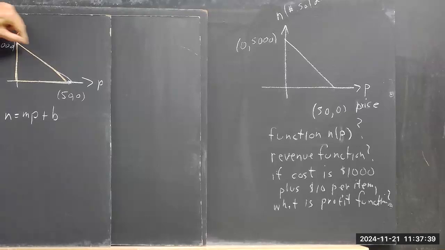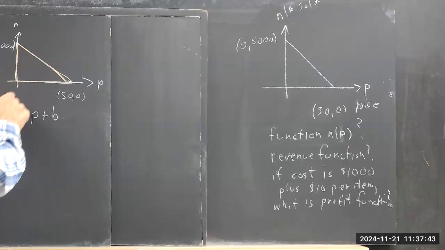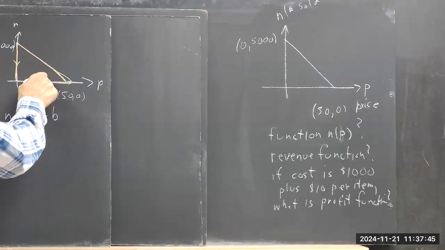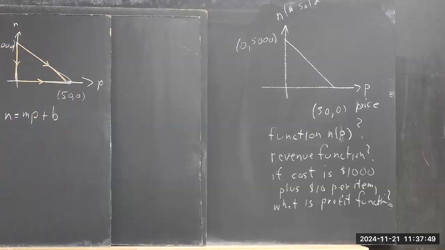We go from the leftmost to the rightmost point along the path like so. This path is the rise, which is where we end at N equals 0 minus where we begin at N equals 5,000.